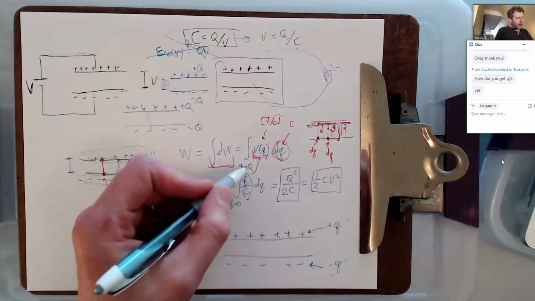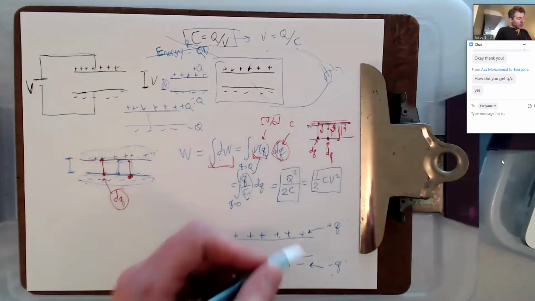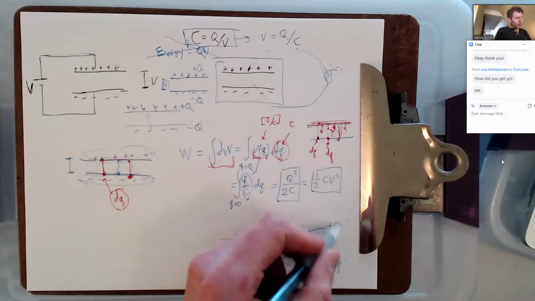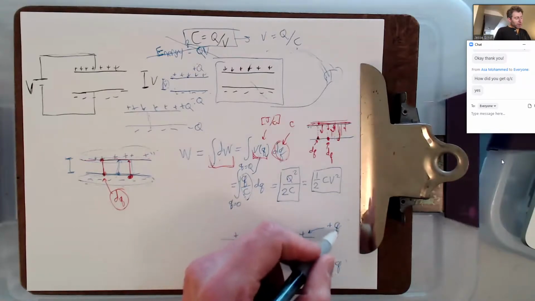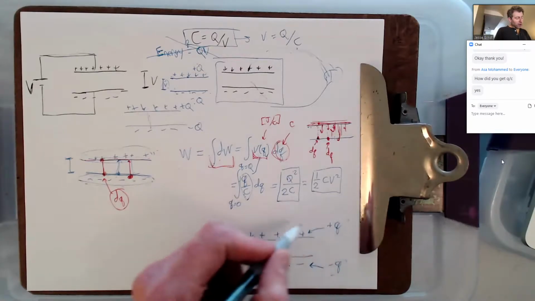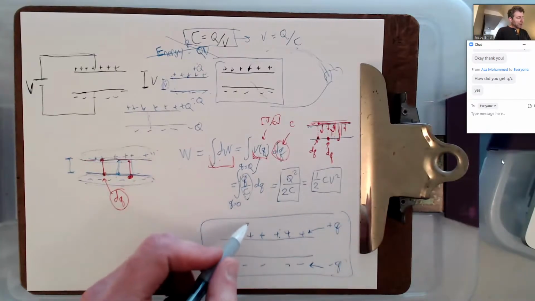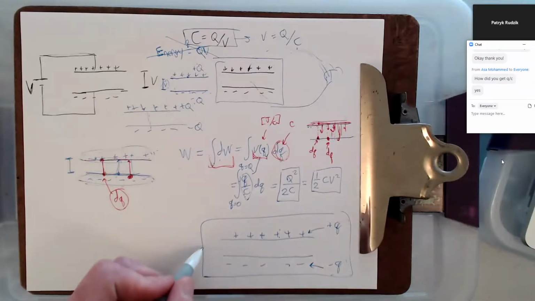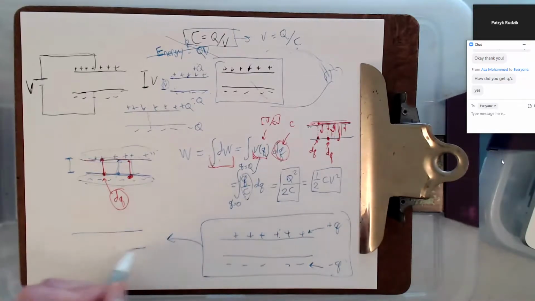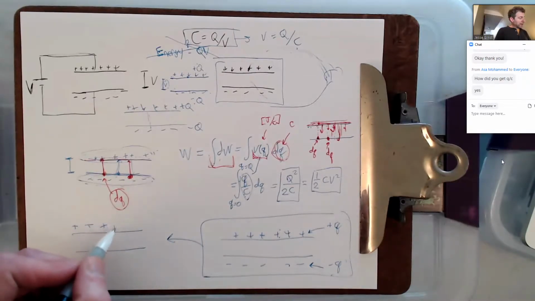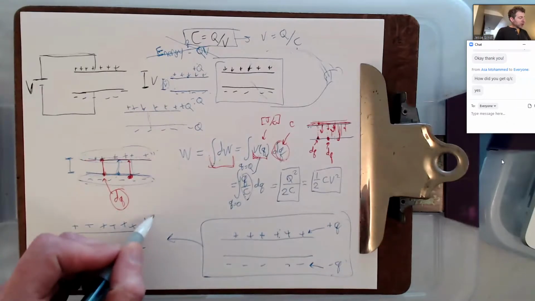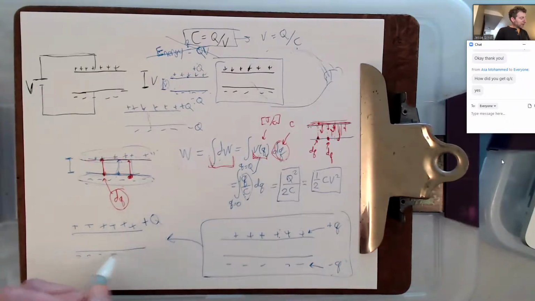And capital Q is how far you are going to go. What will be your final charge on this thing? So you can think of this as a snapshot midway through. We're going to keep going until we get some final amount of charge, and let's label the final amount of charge capital Q.